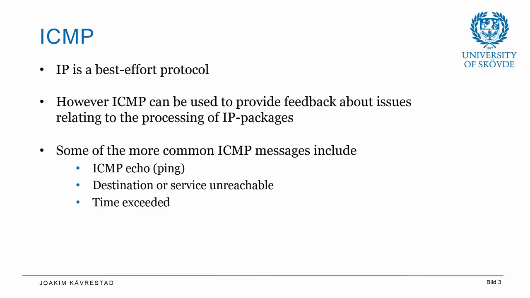Some of the more common ICMP messages include ICMP echo, which is ping that you may have heard about. You can also have the ICMP message type destination or service unreachable, that basically tells you that you can't reach the IP address that you tried to reach in a timely manner.